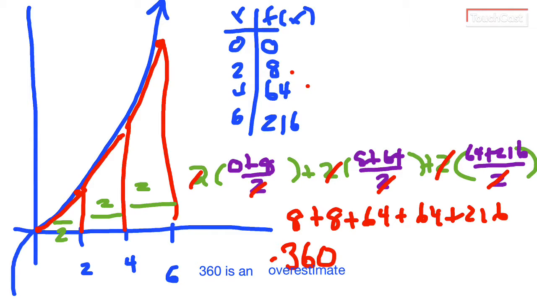so 360 is an overestimate because y equals x cubed is concave up on the interval 0 to 6.